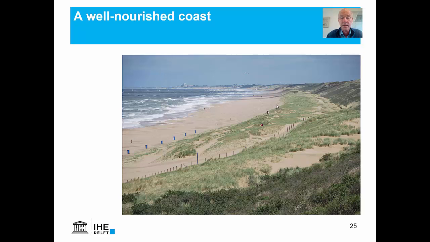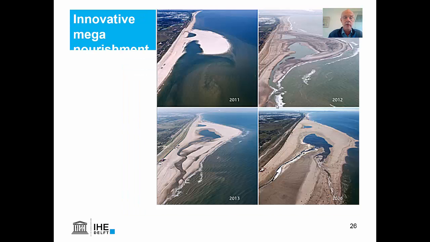So adding a lot of sand to the system is quite possible nowadays, and this is something we promote. This is an example, an innovative mega nourishment, the Sand Engine that was built in 2011. You see this very interesting shape that deforms, and this sand in the end is going to feed all of this coast for the next 20 years.